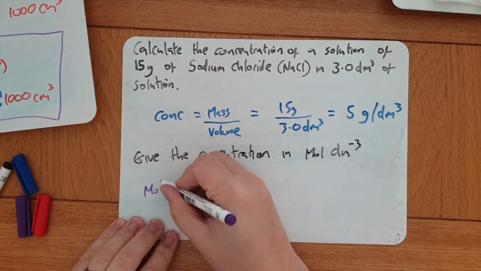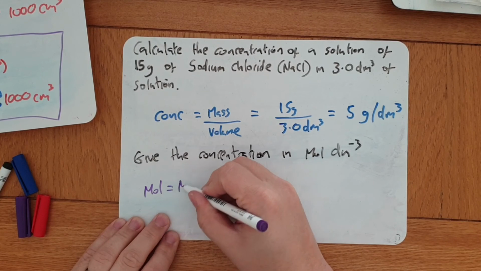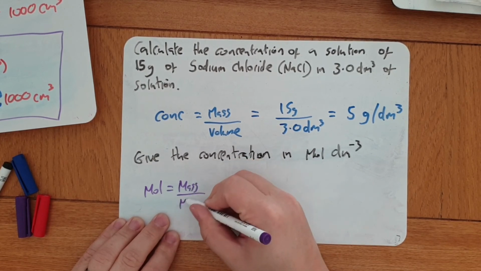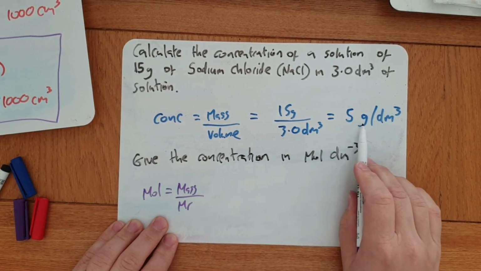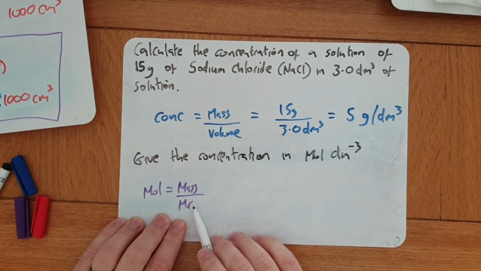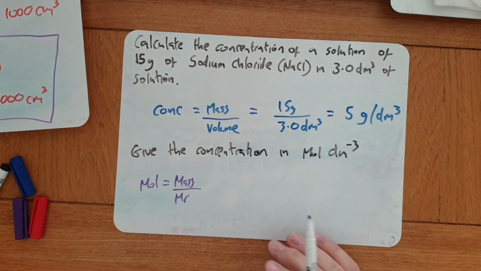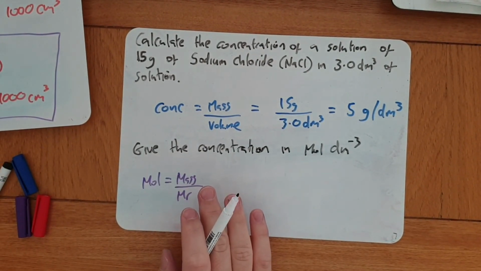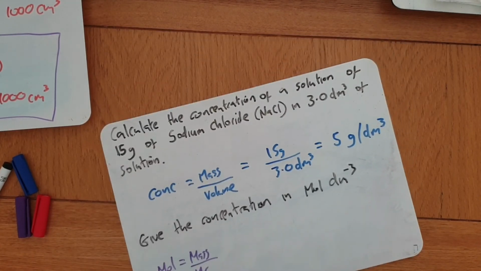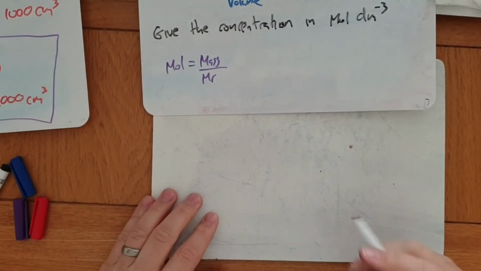So we go back to our tried and trusted equation. Moles equals mass divided by MR. We know the mass is 5 grams. We just need to work out what the MR is. For that we can use the periodic table. Rather than make you go and find a periodic table I'll just give you the answers.